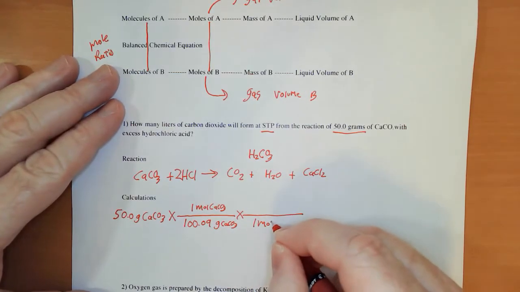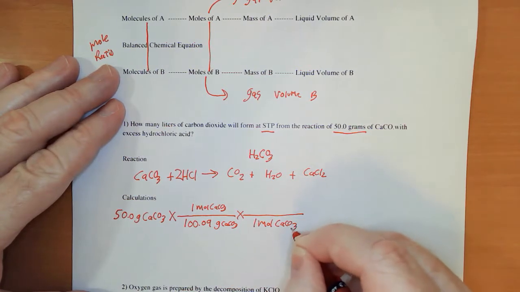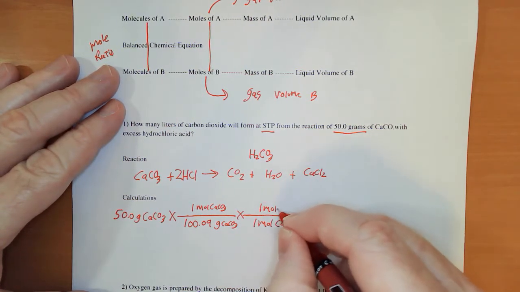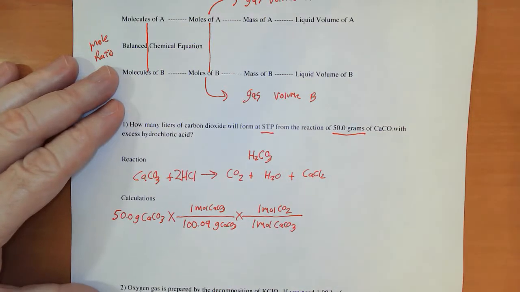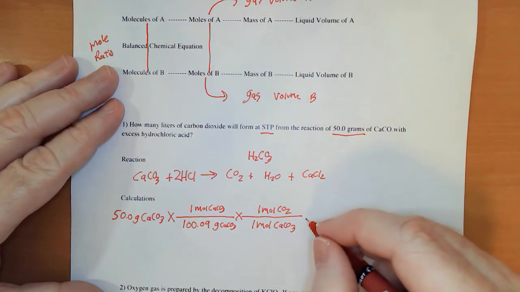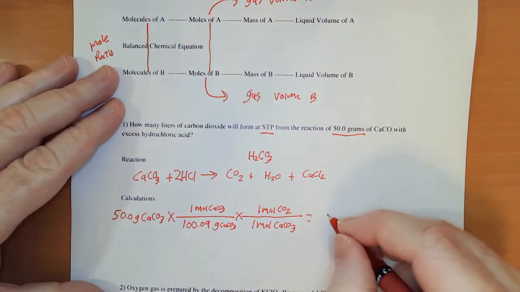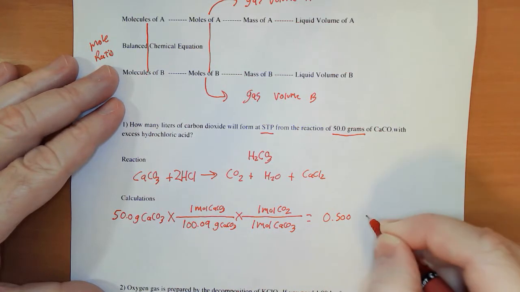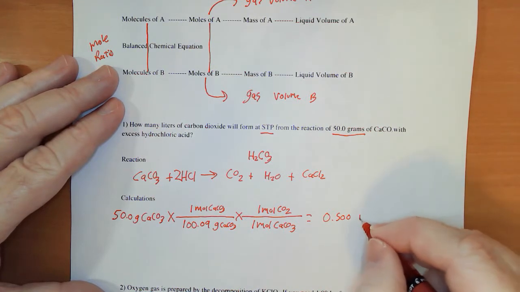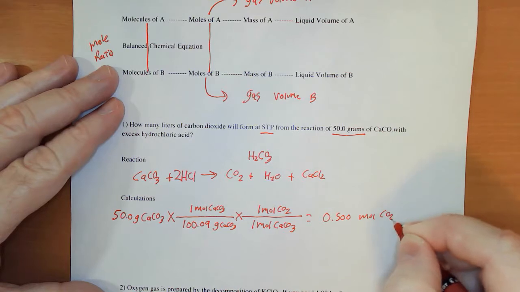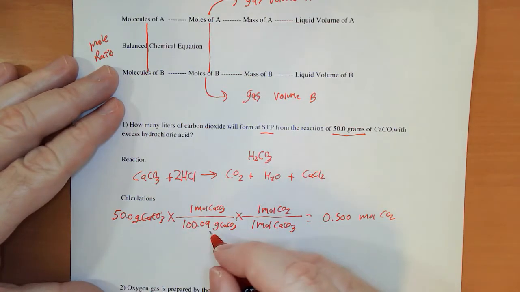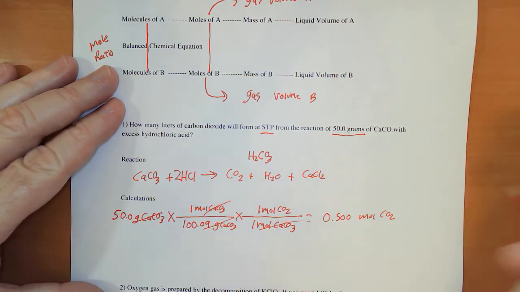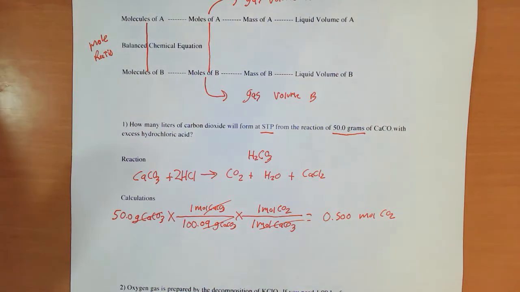It's a 1-to-1 ratio for the calcium carbonate to the carbon dioxide. Now, when I look at this, just off the top of my head, I can tell it's 0.500 moles of CO2, because that cancels and that cancels. Now, I can do 2 things here.